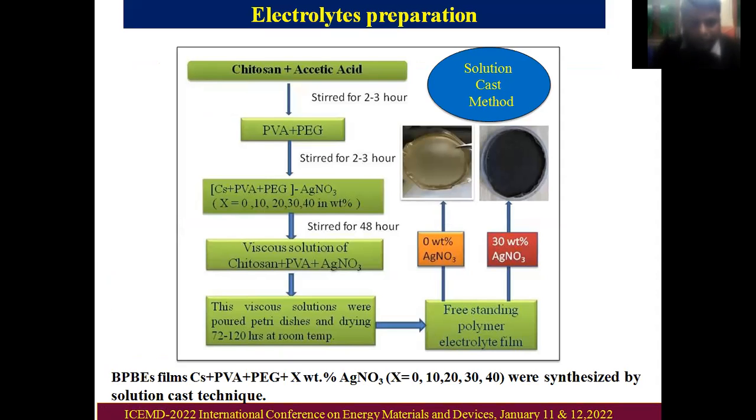Preparation of biopolymer electrolyte. The solution cast technique is a very useful method to prepare the film. Chitosan plus acetic acid stirred for 2-3 hours. Then PVA and PG added and stirred for 2 to 3 hours.